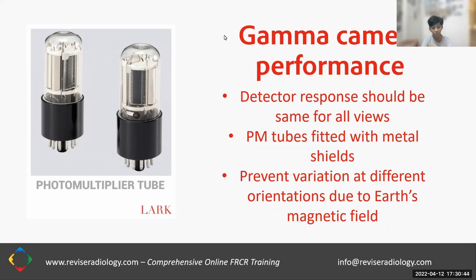That's not something that we want. So in order to prevent that, we fit the photo multiplier tube with a metal shield, which prevents fluctuations due to variations in the Earth's magnetic field.